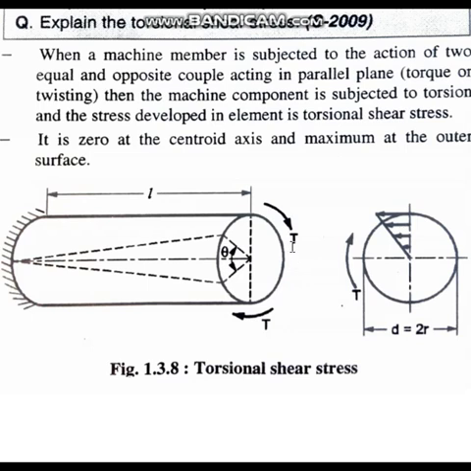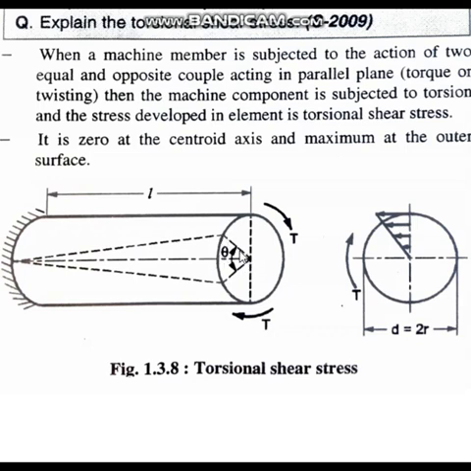If you hold somebody's hand at the end and try to twist it, it will be twisted near the support. Towards the support there will be less twist, and as you go far away from the support, the twist will be increasing.